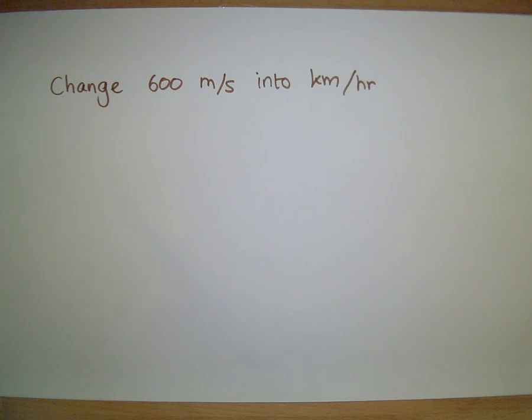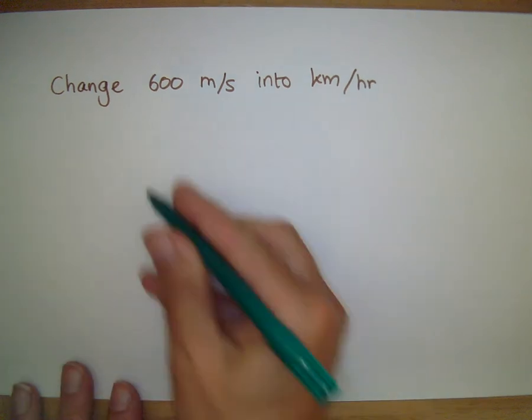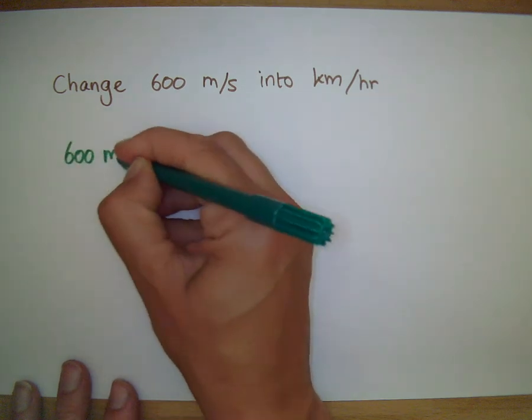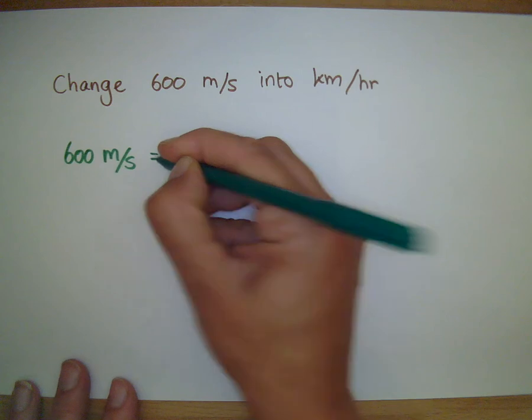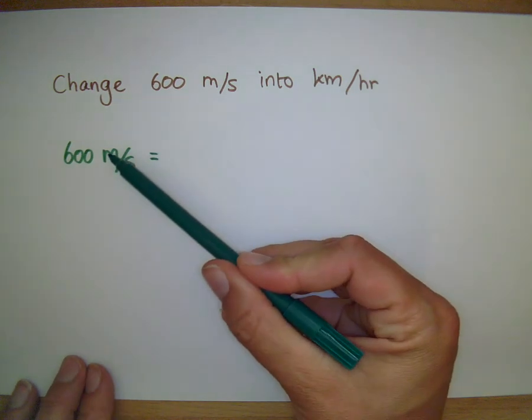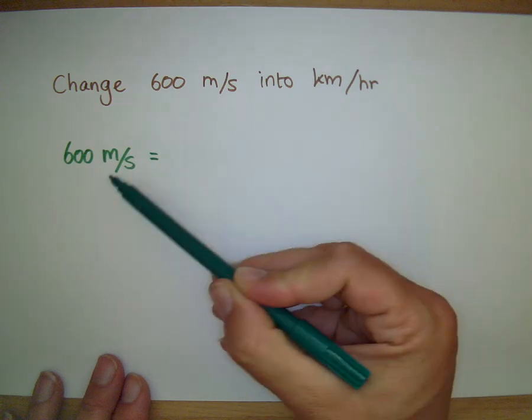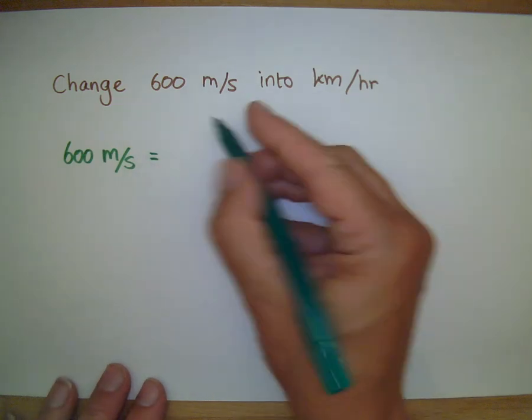That is annoying, you might think, but look, 600 meters per second. We want to change the top into kilometers. Let's do that first. Let's just take 2 steps so we can take it slowly.